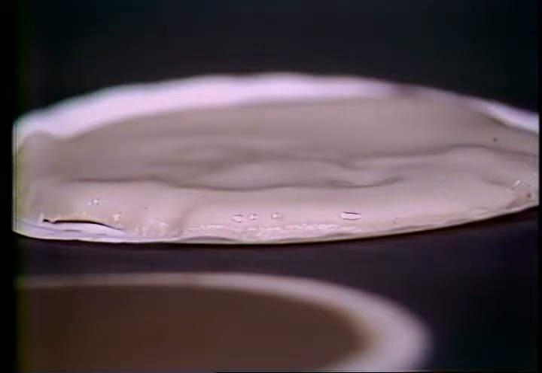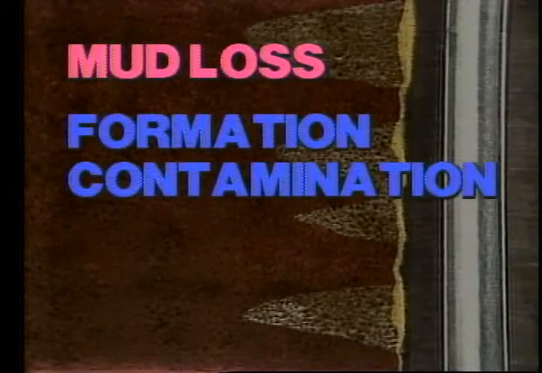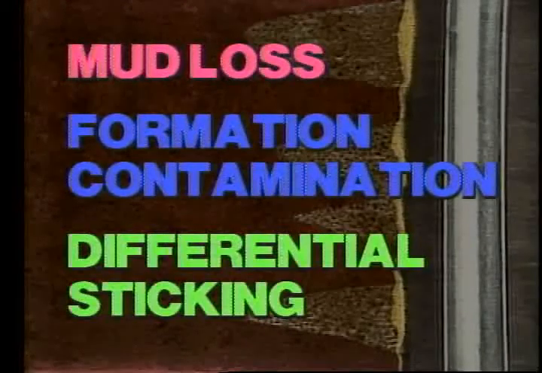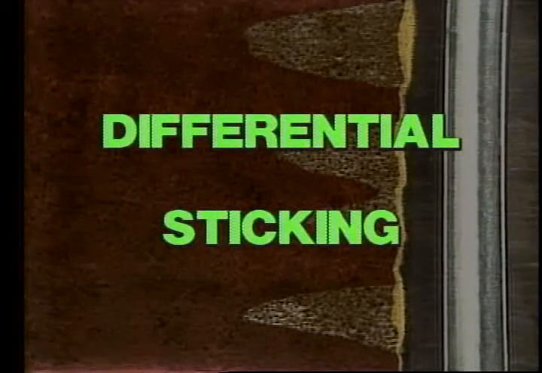This creates several problems. First, you're losing valuable mud that's got to be replaced. Second, you're contaminating the formation, which could jeopardize your hole or a valuable producing zone. And third, you're creating an environment for differential sticking. We haven't talked about differential sticking much yet, but it's a serious problem.